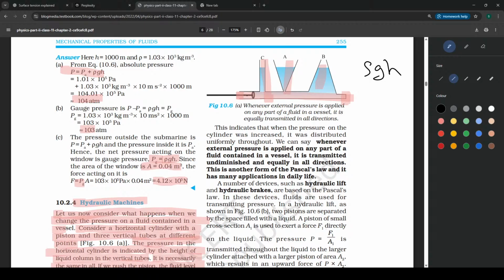The pressure induced here, according to Pascal's law, is transmitted throughout a fluid at rest.